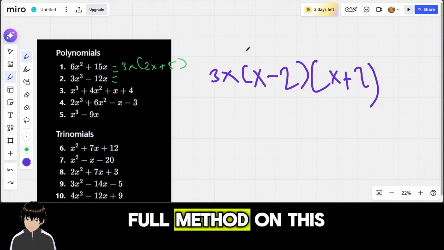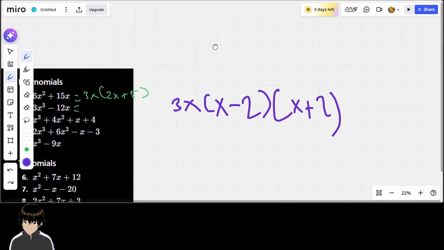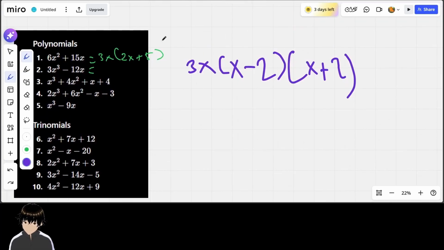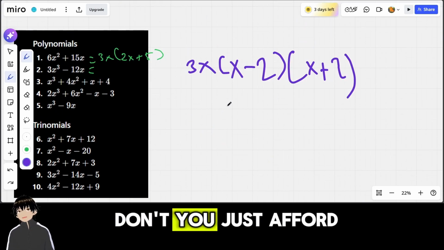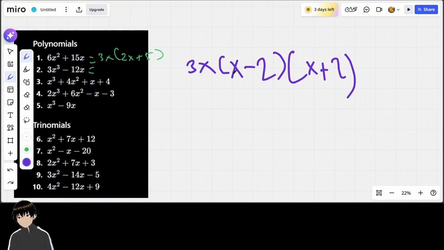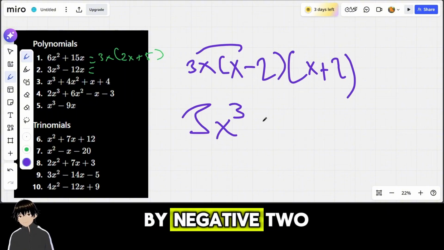Let me try the full method on this. Three times negative 2.